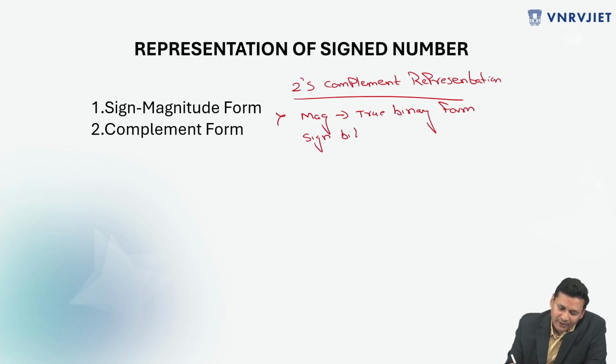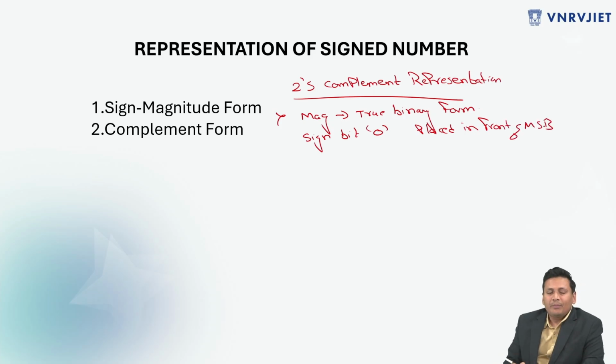What will be the sign bit over here? Sign bit 0 will be placed in front of the MSB. Clear? So in all three ways, there is no change in the representation of a positive number.